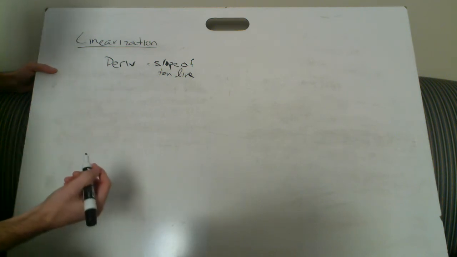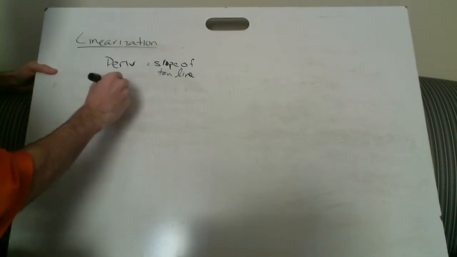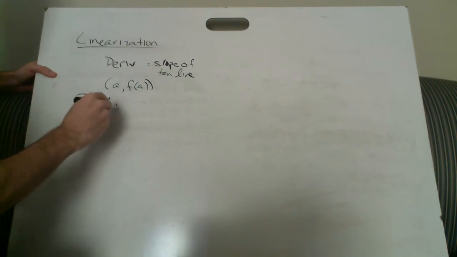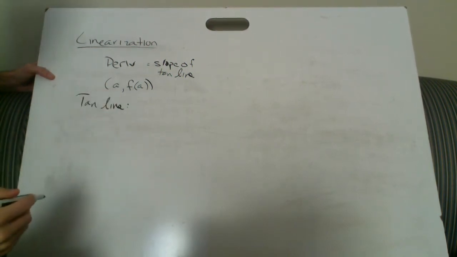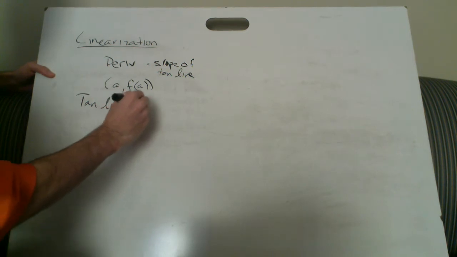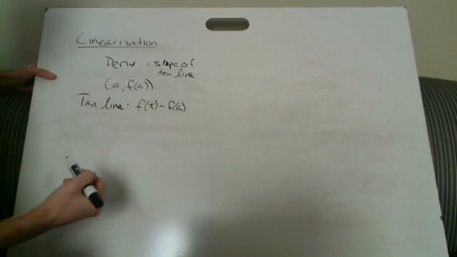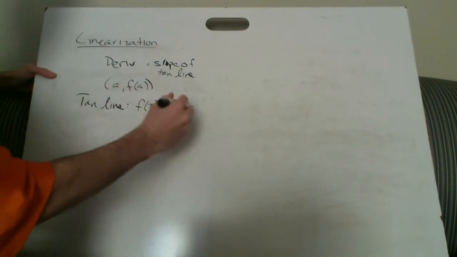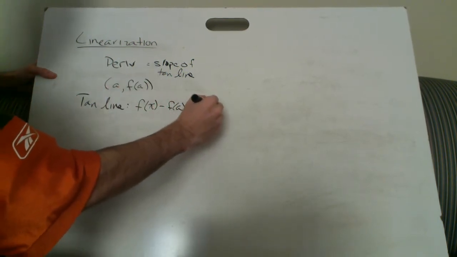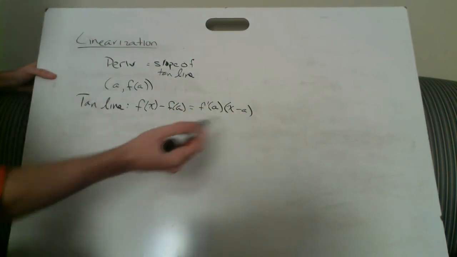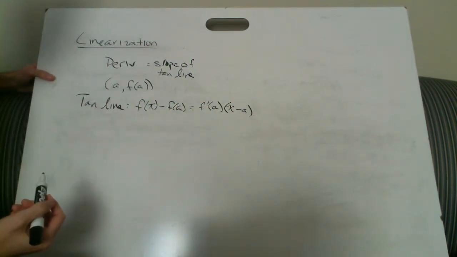Let's say we're at some particular point, (a, f(a)). Then the tangent line can have the following equation. f(x) minus f(a), that's our y minus y1, should equal the slope, which is f'(a), times x minus a. This is just point slope form that we've seen for a little while now.